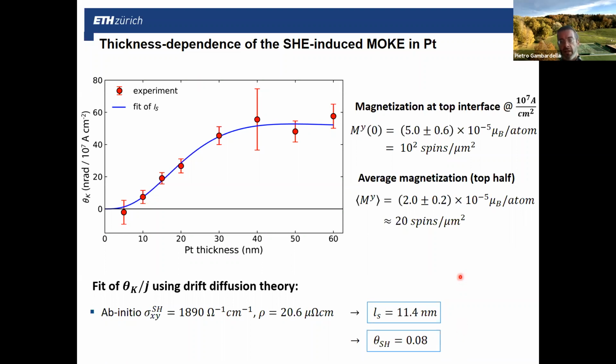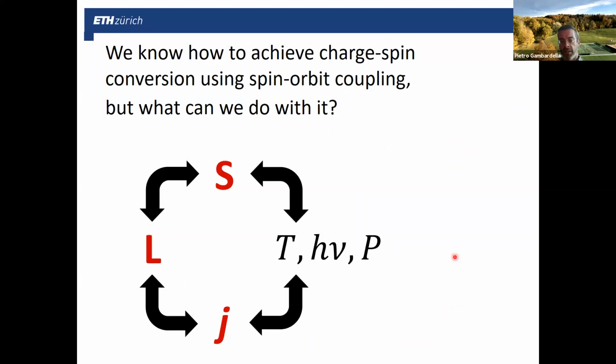Okay. And what I will show is that even if this spin accumulation is small in absolute quantity, the fact that spins are continuously flowing generates a substantial flow of angular momentum that then can be used for manipulating the magnetization in ferromagnets and ferrimagnets.